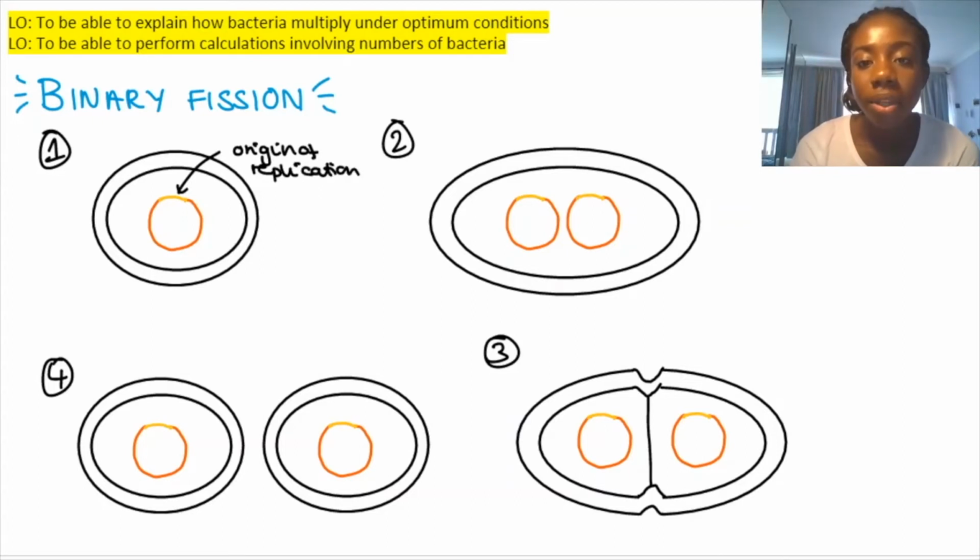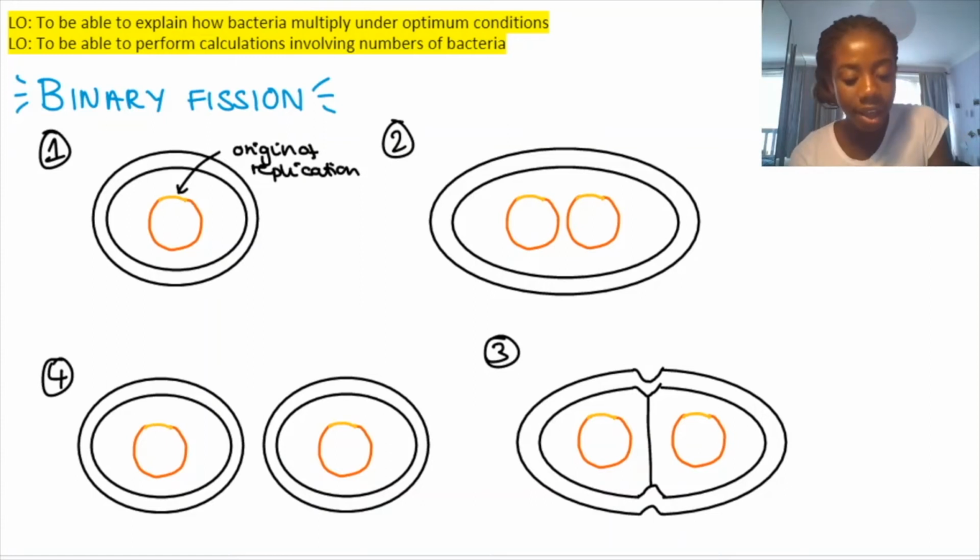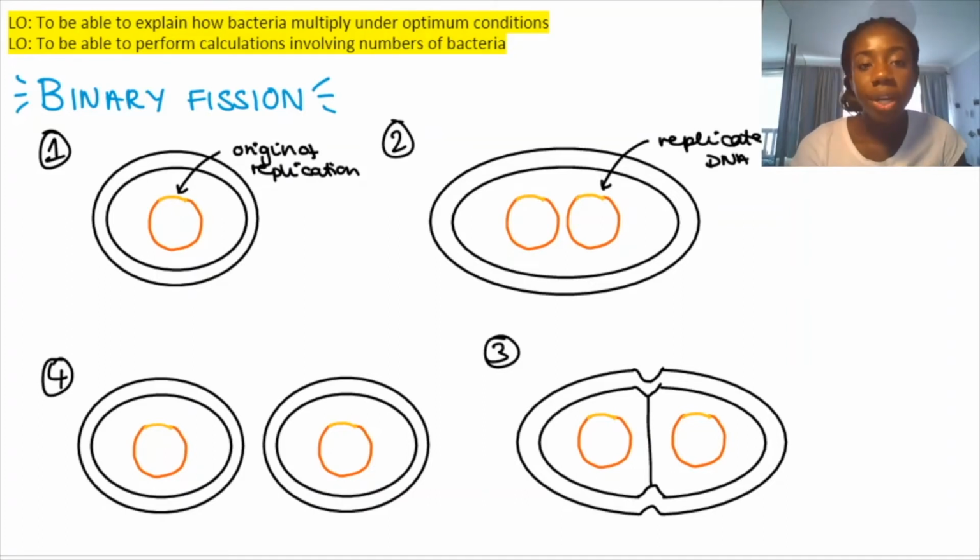So once we have that, in stage 2, our DNA is going to replicate and form 2 identical pieces of circular DNA. So for example, one of these will be our replicated DNA. As you can tell by the size, the cell has also started to elongate in preparation for division. So we end up with an elongated cell.